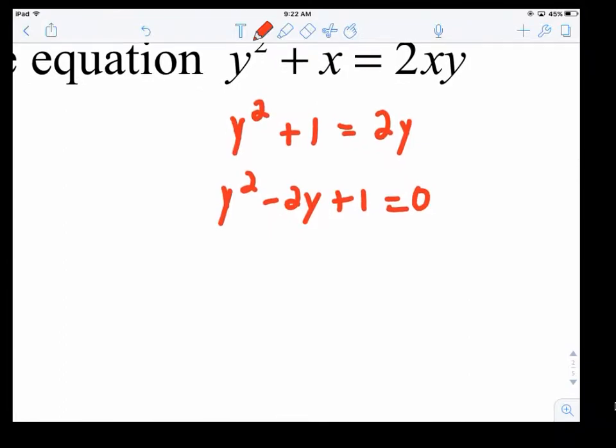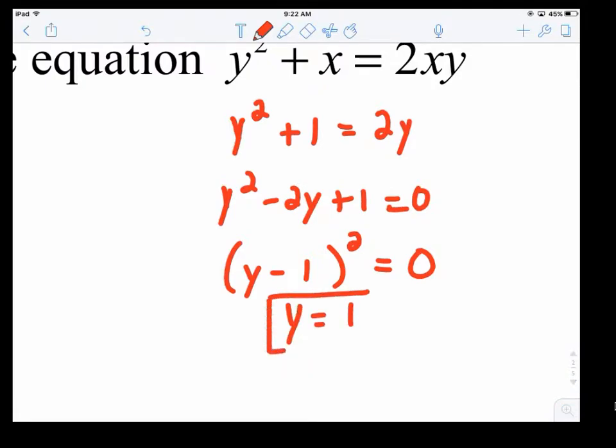So if I factor it, that's going to give me what? Y minus 1 squared. So y would have to be what? Okay, good. All right, so our point now is 1, comma 1. That's the point that we are finding the tangent slope for, or the derivative at.